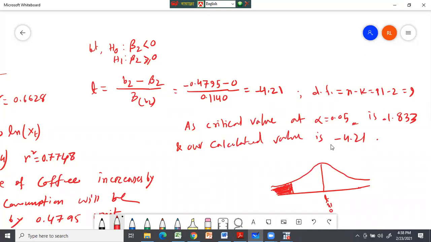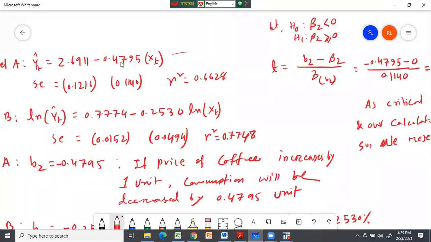This is the level up to which you can accept the null hypothesis, minus 1.833, and your calculated value, minus 4.21, falls in the rejection region. So we reject the null hypothesis, isn't it? Yes, sir. If the null hypothesis beta 2 greater than or equal to 0 has been rejected, it means the coefficient is statistically significant. Okay, it is statistically significant.